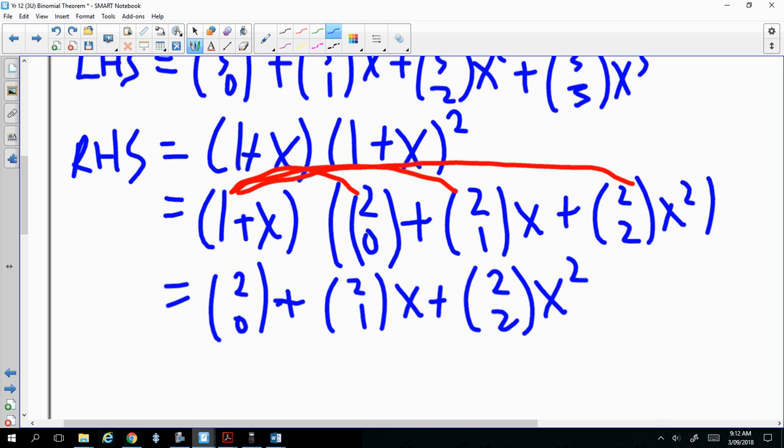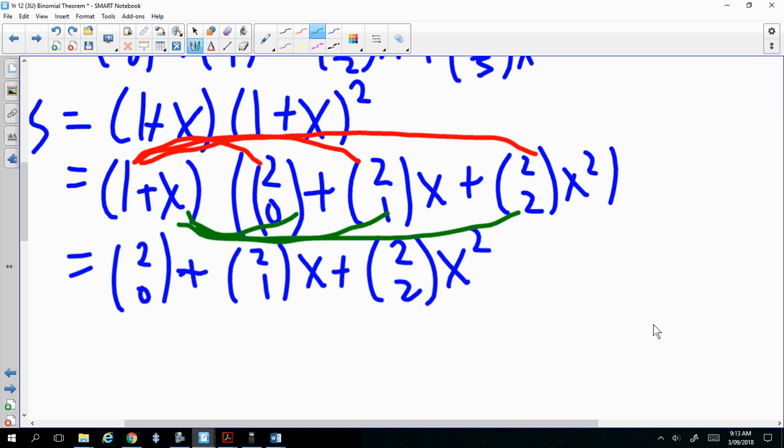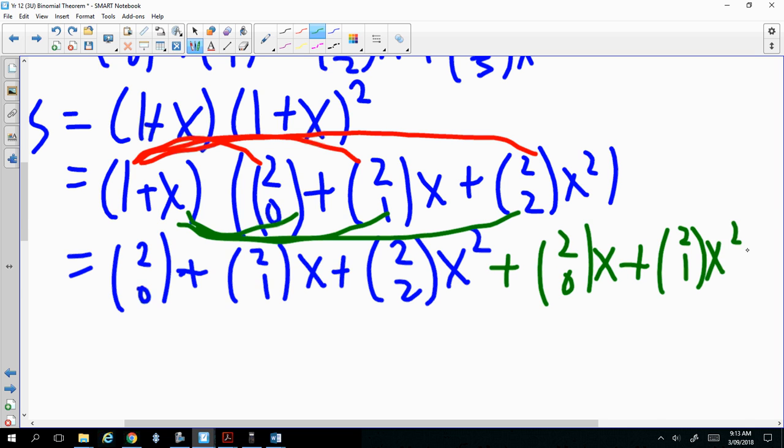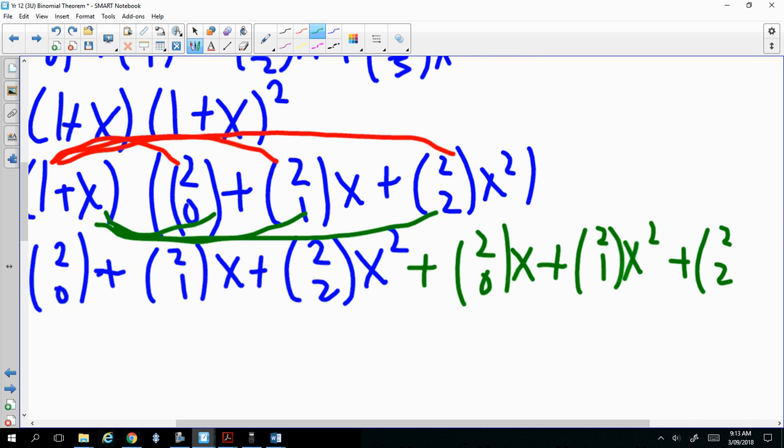I'm going to do it in maybe green. Plus 2,0 x, plus 2,1 x squared, plus 2,2 x cubed. So we got this expansion. After we expand, we collect like terms. Keep it as 2,0 first.